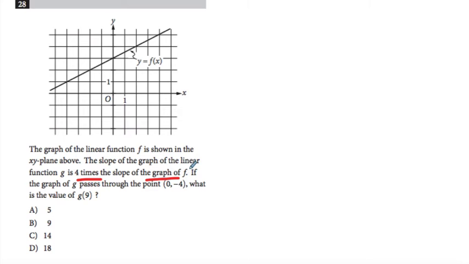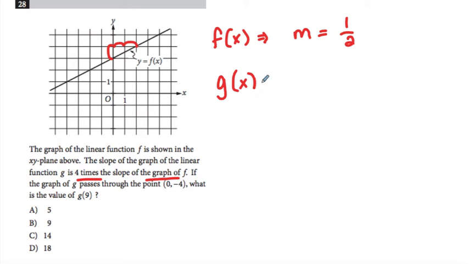All right, well, that means I need to find the slope of g. Well, the slope of this is up 1 over 2, so the slope of f is 1/2. So g of x's slope has to be 4 times that. So 4 times 1/2 is 2. So I know the slope of g is 2.